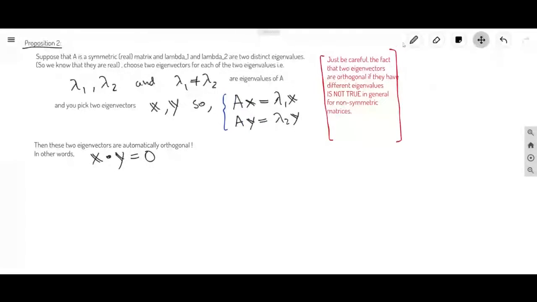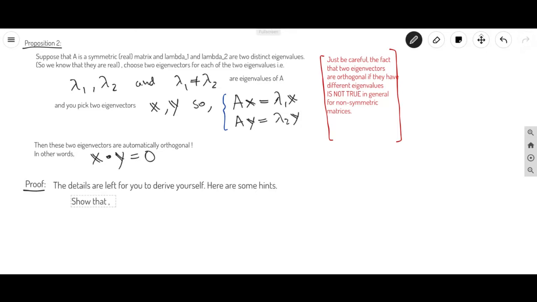And the way you're going to prove this proposition, I'm going to leave up to you. It's going to be roughly the same proof that we just did. The details are left for you to derive yourself, and I will give you some hints.